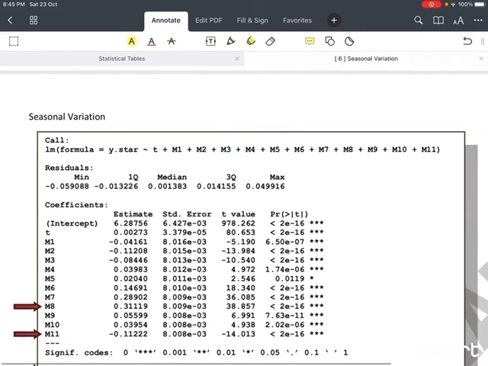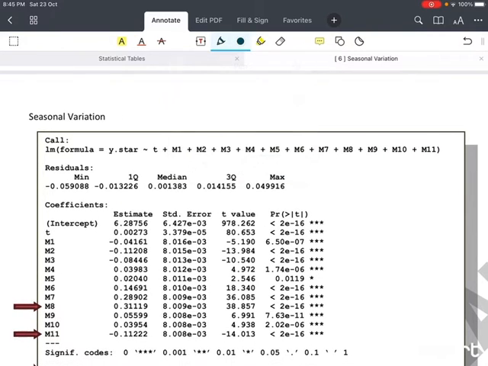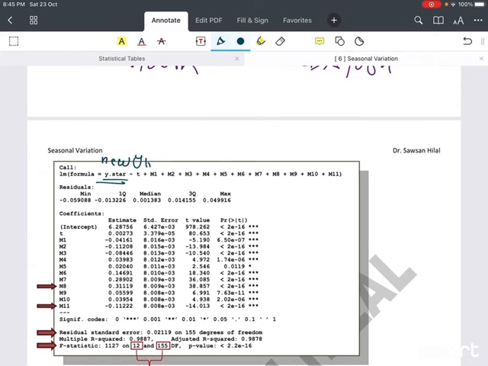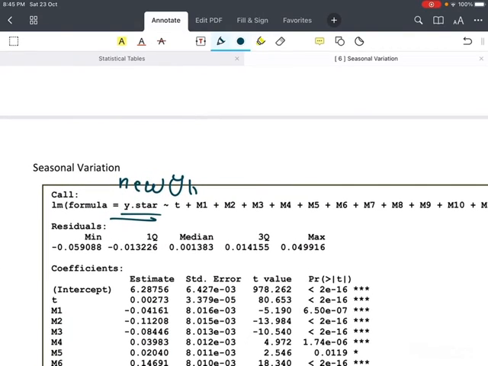Okay, so they did here, they write y star. So this is the new y of t. Okay, the output and all the work we use is on the new y of t, on the y of t that we did a transformation to from the original. Okay, and the y star of t is log y of t.